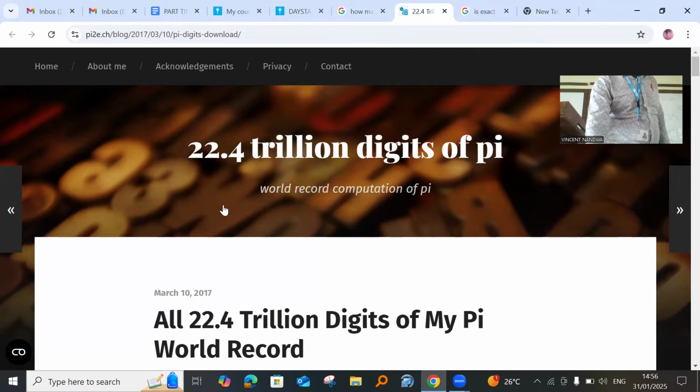Do they provide the year as at 2021? I imagine 105 trillion digits, okay? And that's not the end.